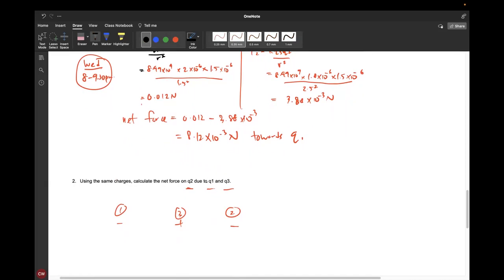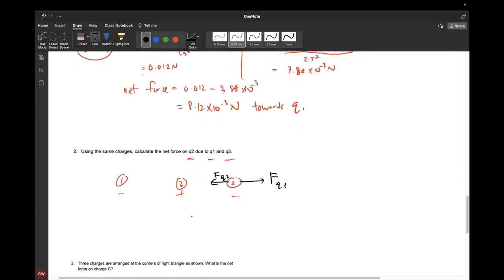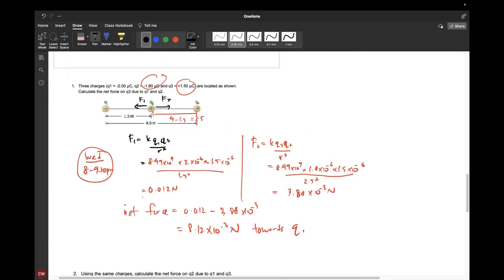Due to Q1, negative and negative repel. Due to Q1 is repel. Due to Q2, attract. Due to Q3, attract. So you need to find them one by one.